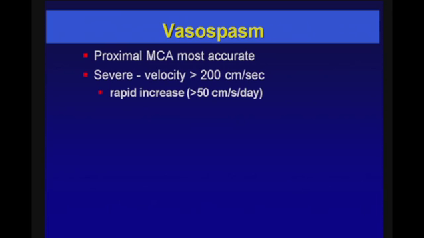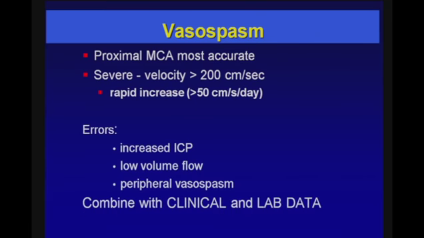The proximal middle cerebral artery is the most accurate in assessing for vasospasm. And as mentioned, rapid increase of over 50 centimeters per second per day, or an actual peak systolic velocity of over 200 centimeters per second, bodes for vasospasm. Remember, however, that there are other etiologies that can cause increased peak systolic velocity.